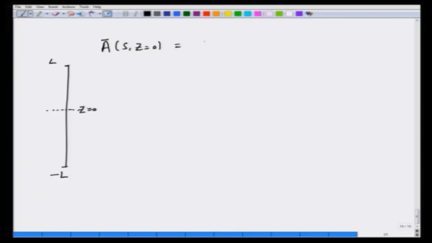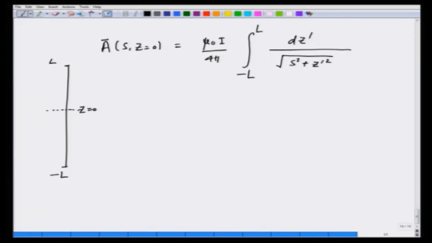This is going to be equal to mu naught I over 4 pi integral minus L to L dz prime over square root of s square plus z prime square.